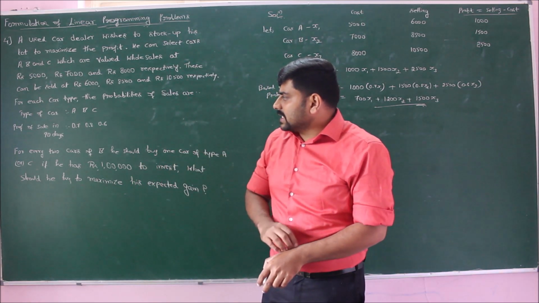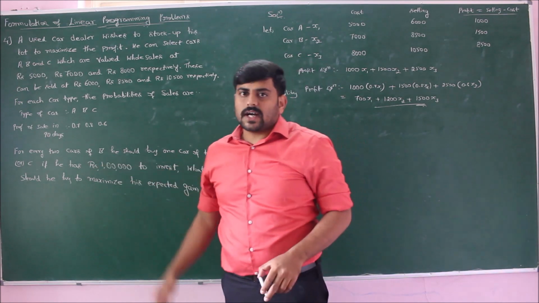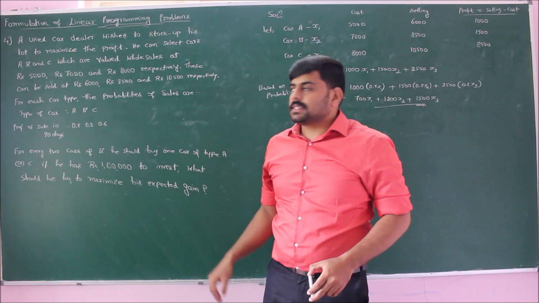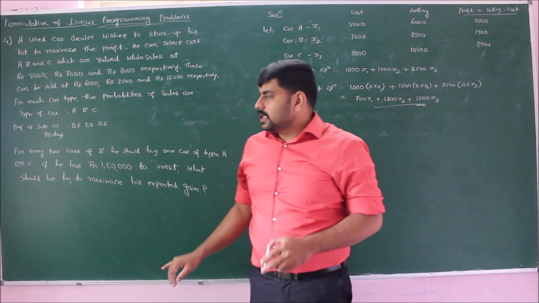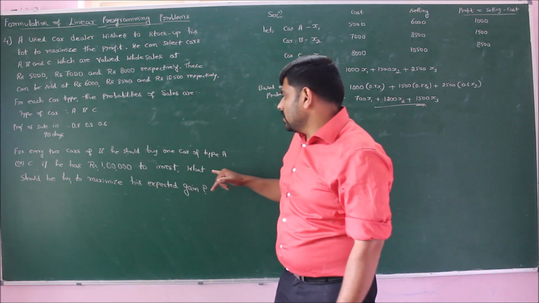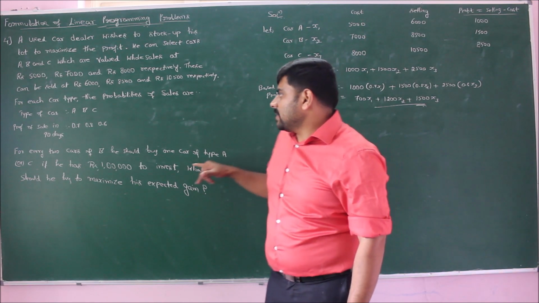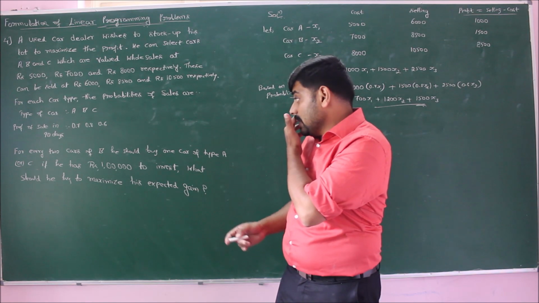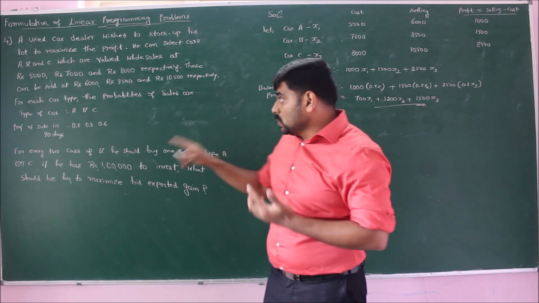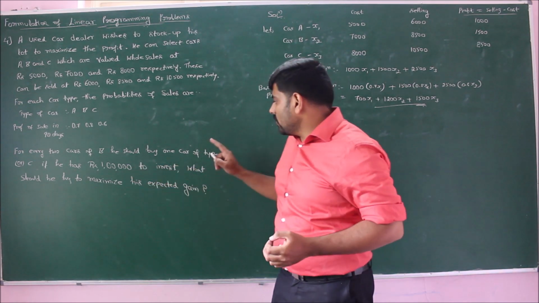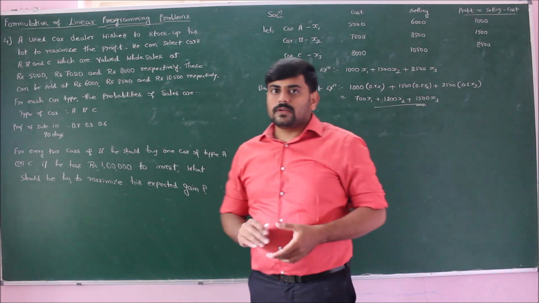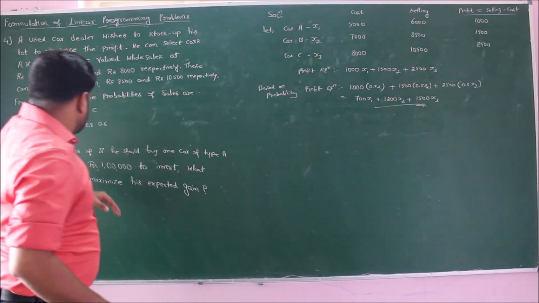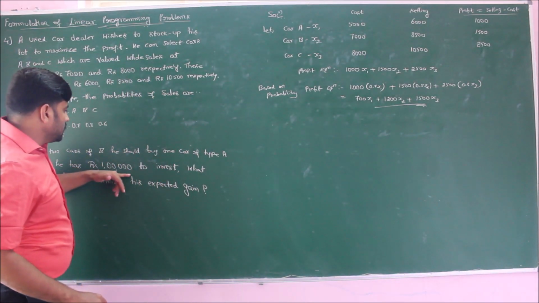The constraints are the selection of cars. You can't buy car A more, car B less, or car C more like that. For every 2 cars of type B, he should buy 1 car of type A or 1 car of type C. But he has only 1 lakh rupees to invest.